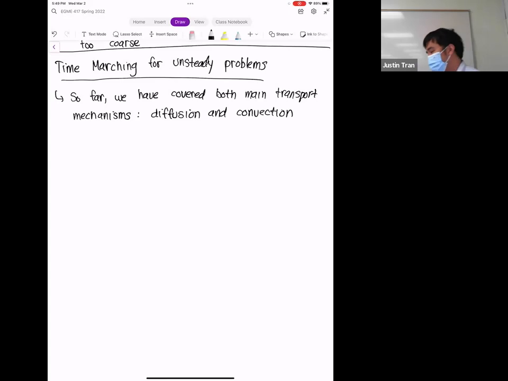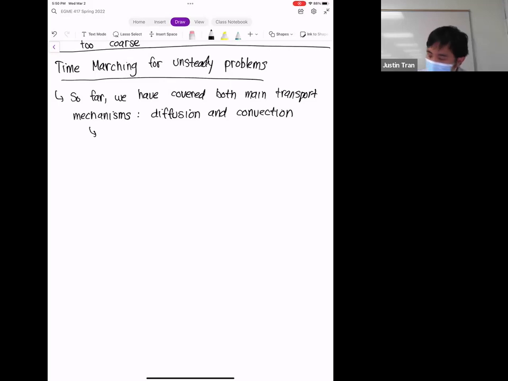And so there are no more transport phenomena, at least not in the heat equation. Heat and energy can only be transported through diffusion and convection. So we're not introducing any new physical processes.